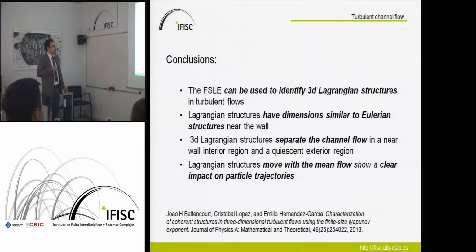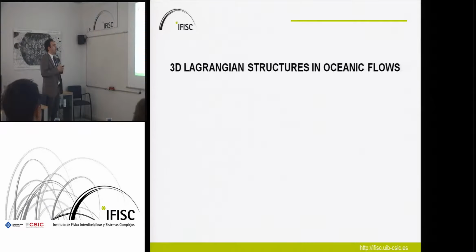That the three-dimensional structures separate the channel flow into these two regions of high intensity near the wall and low intensity near the center of the channel, and that they move with the mean flow, and they show a clear impact on particle trajectories. So by this time we were convinced that we were looking at actual 3D Lagrangian coherent structures, and so we moved to identify them in oceanic flows.